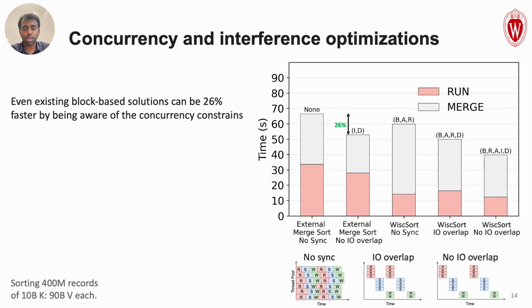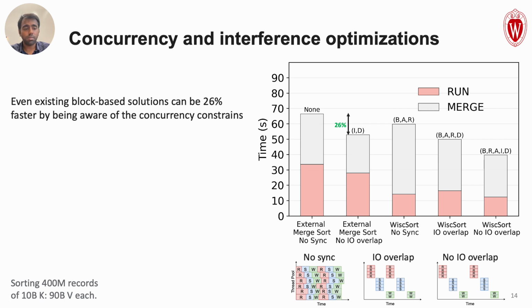The I/O overlap strategy is aware of the device constraint concurrency, but still overlaps reads and writes to maximize CPU usage. And the no I/O overlap version separates both reads and writes and is aware of each operation type's concurrency. Thus, it's aware of both I and D properties. And on top of each bar, we can see the properties that each version is compliant with.